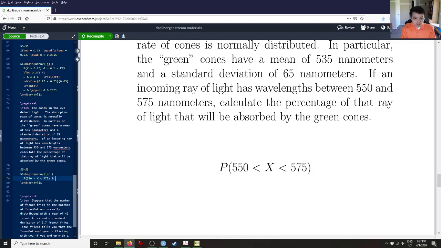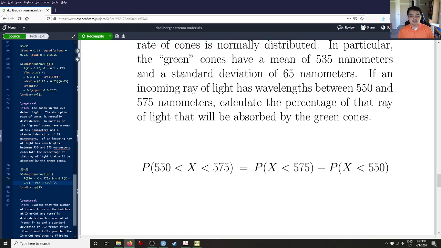Now, part of the process to bringing this back to the bell curve is to actually reduce the complexity of this problem by separating this into two separate calculations. And you can see the minus sign in between.